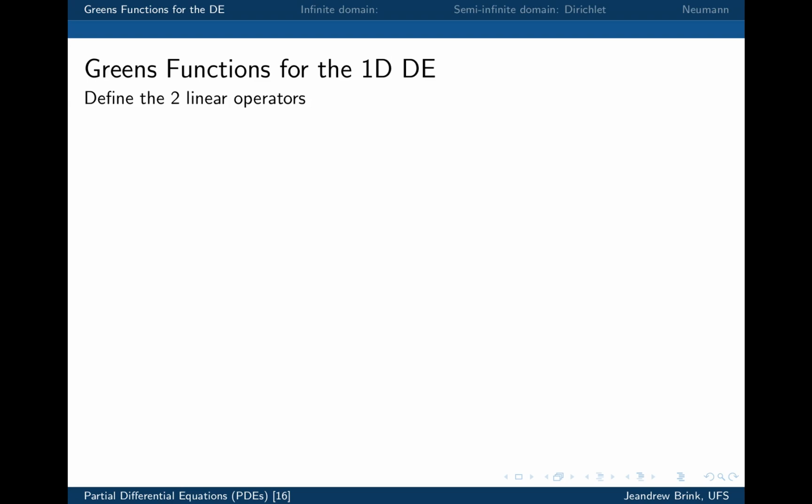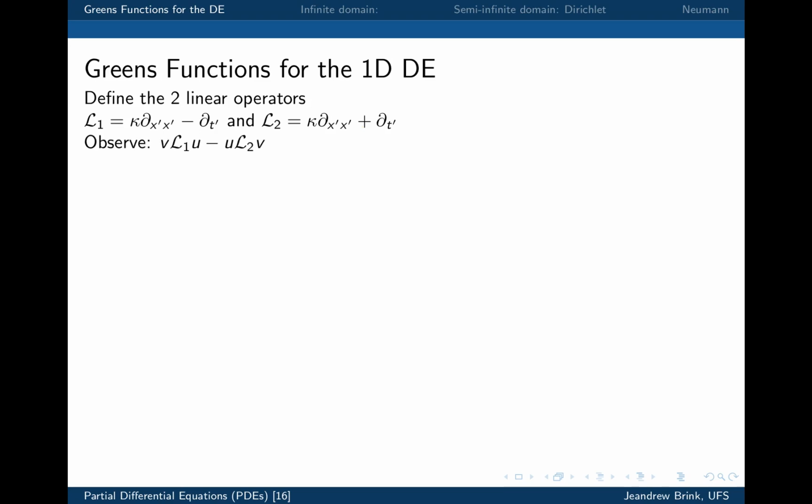So the way we do it is we say we're going to derive two linear operators. The one is L1, kappa times the second derivative with respect to x prime minus d dt. And the other one is L2. It's a different operator, and it differs from L1 with a sign in front of d dt. And that often happens if you have first order derivatives coming in, and you'll see why now.